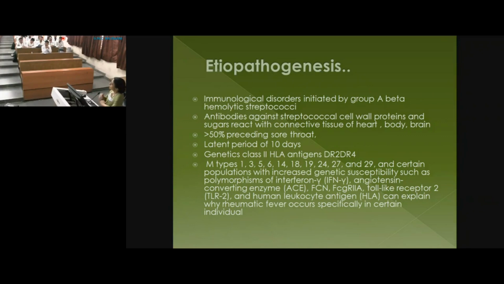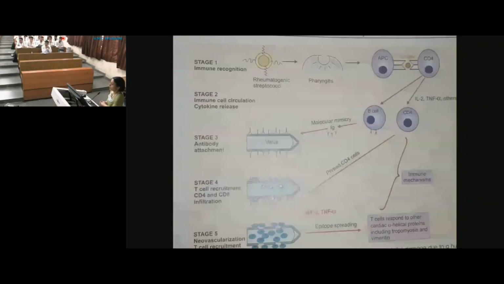So probably some degree of genetic susceptibility plays a role. There are certain polymorphisms of interferon gamma, angiotensin converting enzyme defects or toll-like receptors, and some genetic susceptibility because of these genes has been speculated. It's not very clear-cut. So one of the things that you have to study is etiopathogenesis.